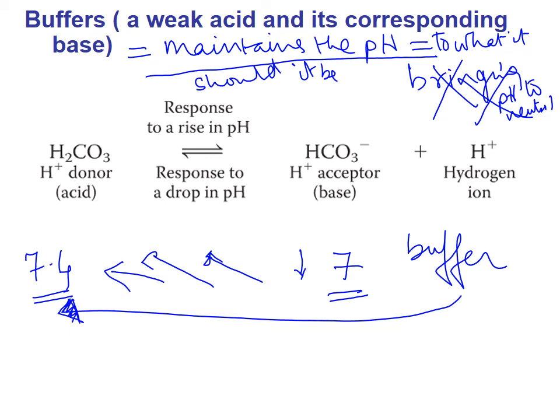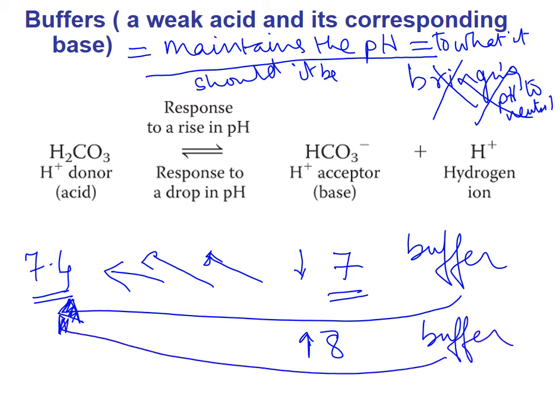On the same note, supposing you have consumed some alkali and the pH has risen to 8, then there are buffers which bring it back and maintain the pH at 7.4. So how does this happen?